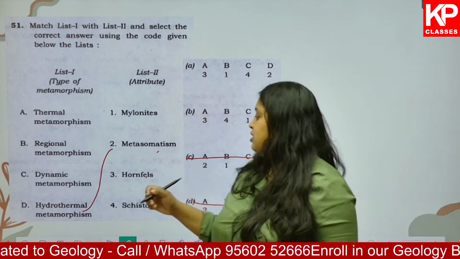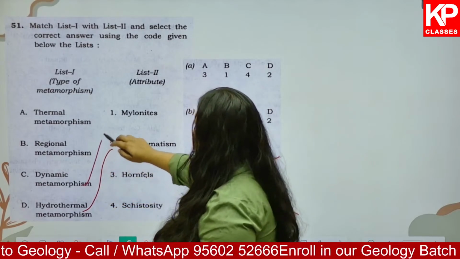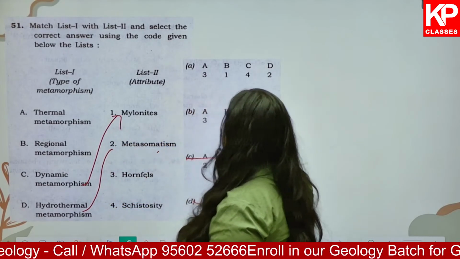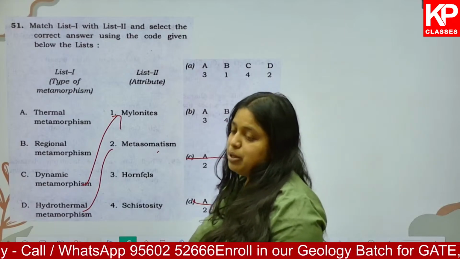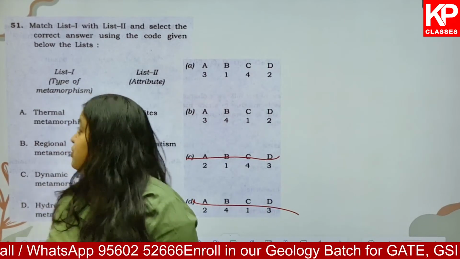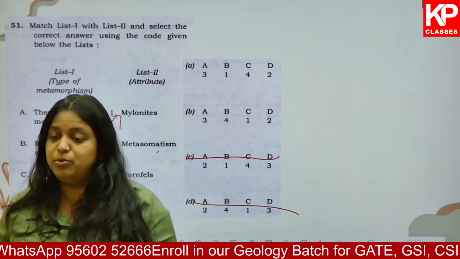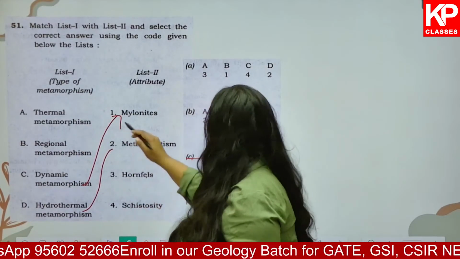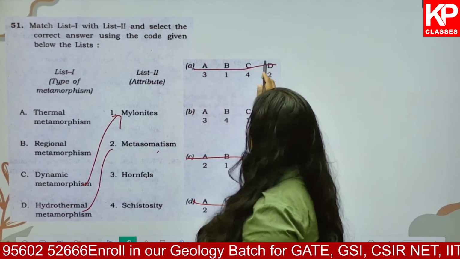In that case, dynamic metamorphism causes the formation of mylonites. So C becomes 1. So this also we can cancel out.